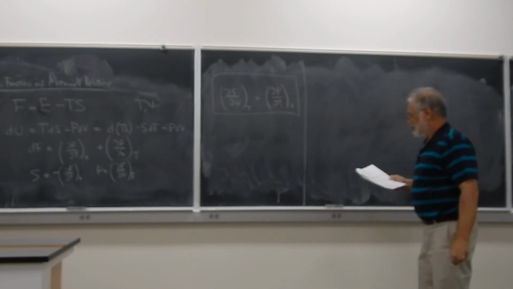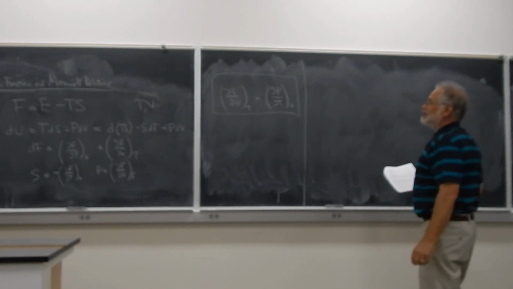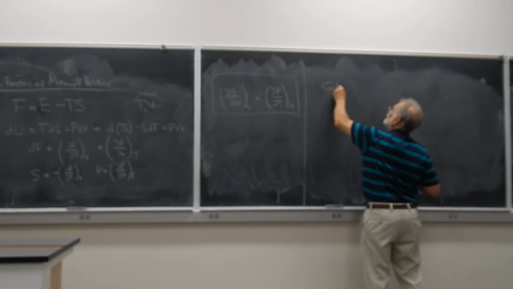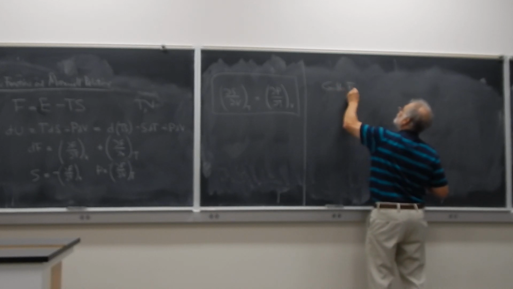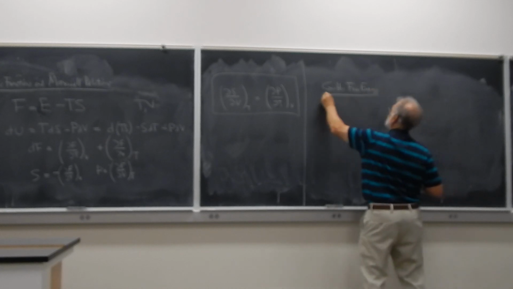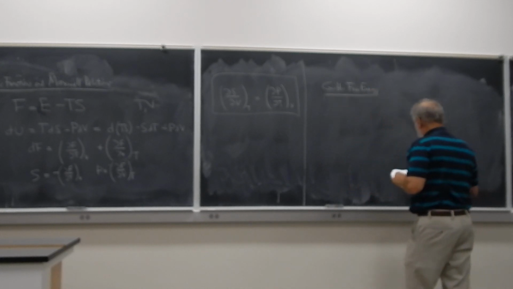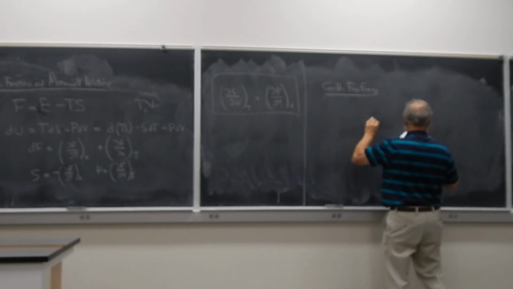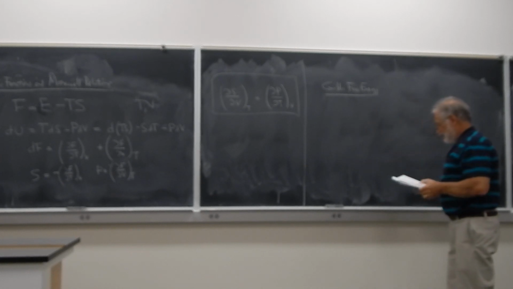Well, the last thermodynamic potential in this vein is the Gibbs free energy. Now consider a case where we have an environment of constant temperature and pressure.